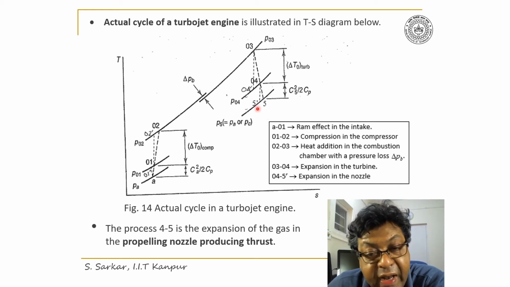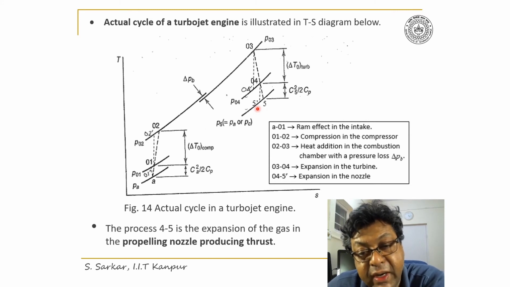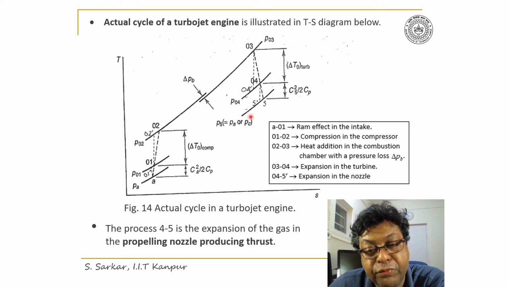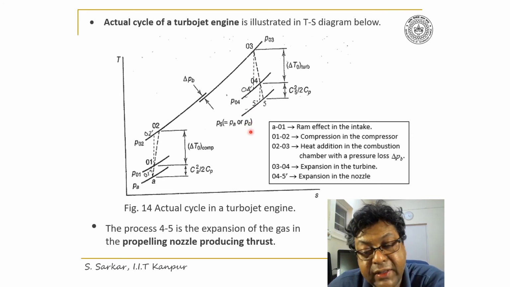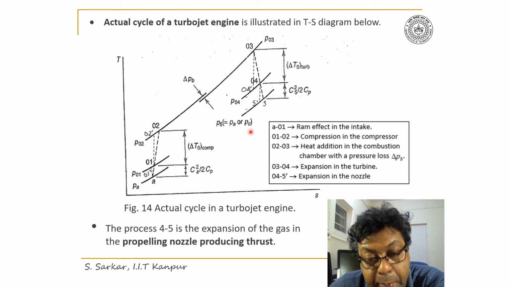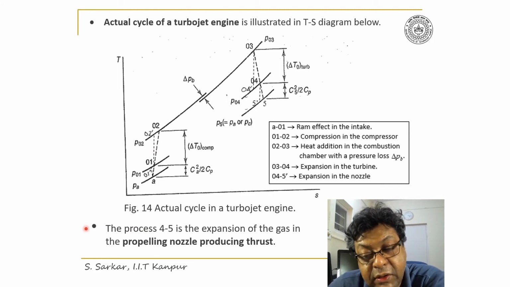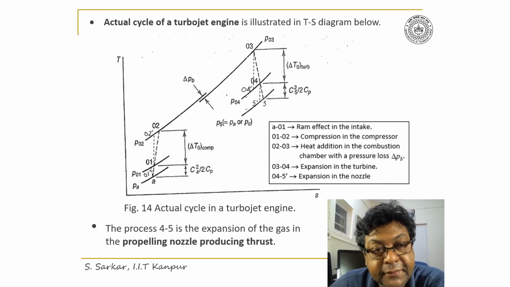And 5 dash indicates the state point of the isentropic expansion, so 04 to 5 dash is the corresponding isentropic expansion in the propelling nozzle. Thus, the process 4-5 here is the expansion of gas in the propelling nozzle, producing the thrust of the engine.